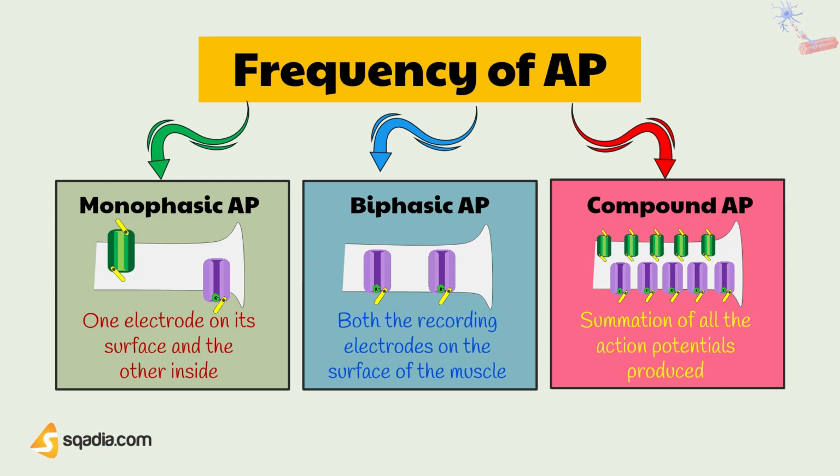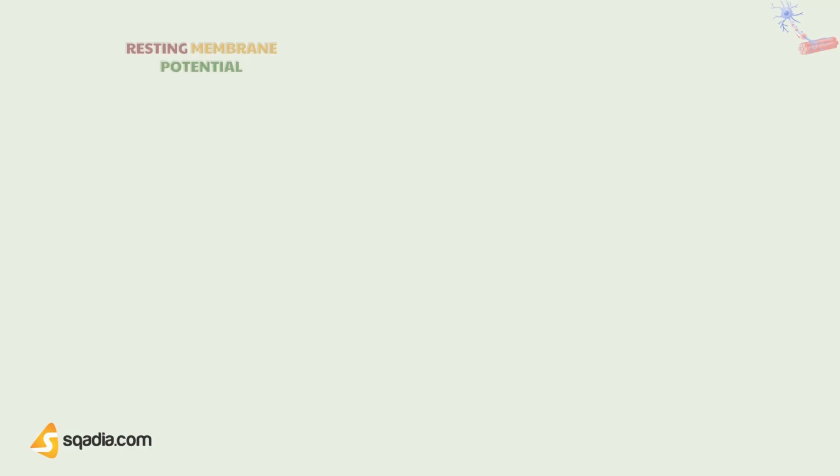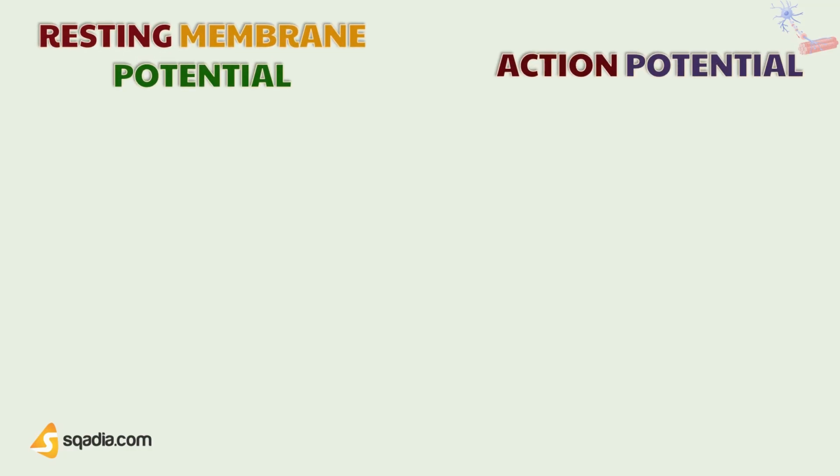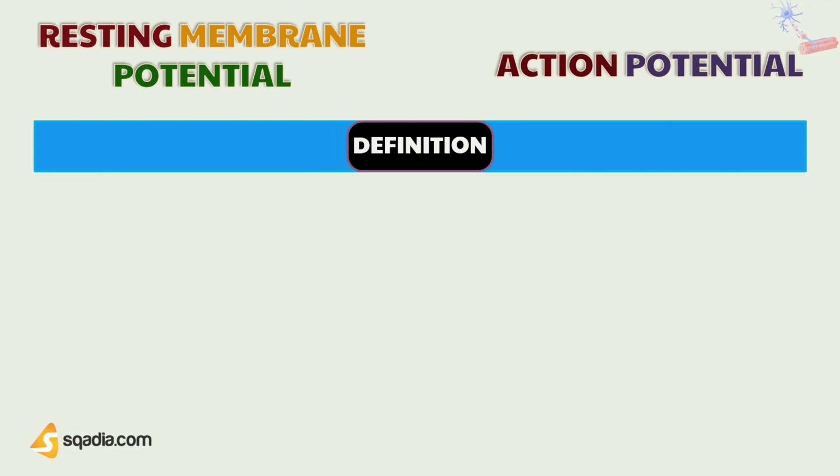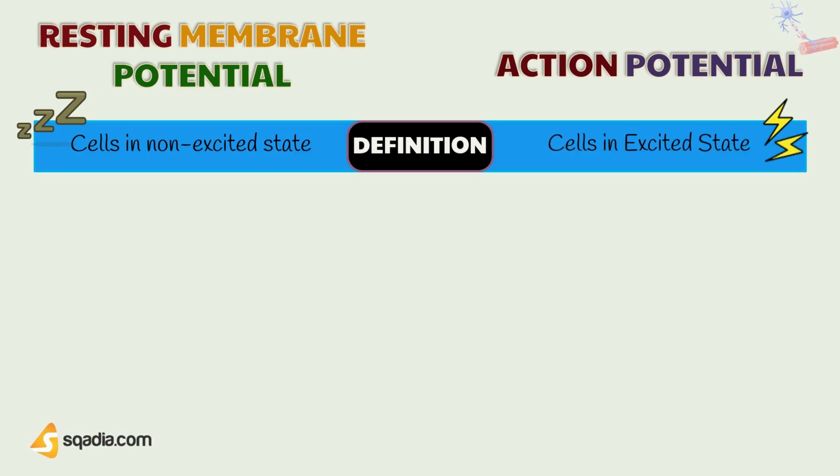How about a little comparison between resting membrane potential and action potential? If we look at the definition, the resting membrane potential is when the cells are in a non-excited state, which means they're all relaxed and they're all in the state of rest. Well, if we talk about the action potential, the cells are in the excited state, or there's a certain stimulus that has been received by the cells.